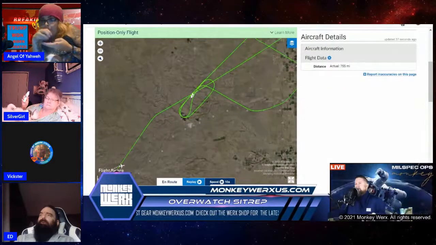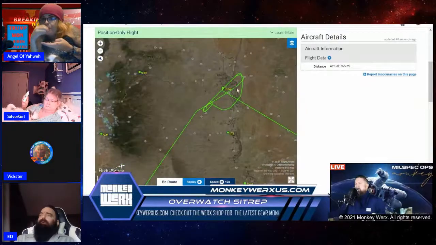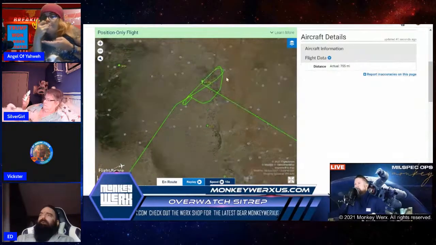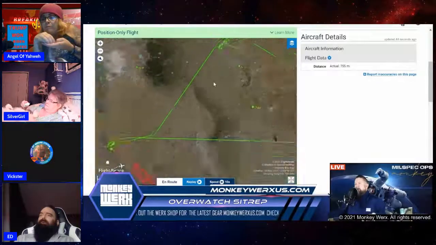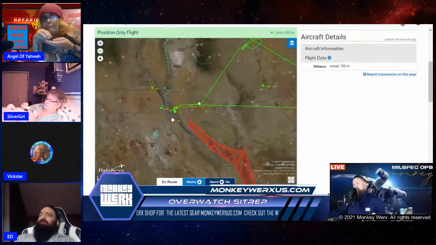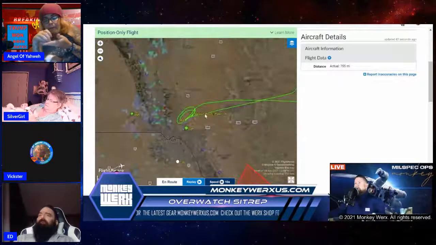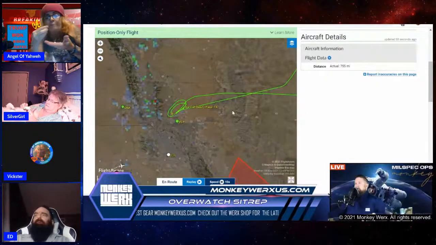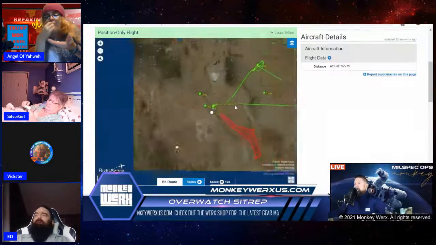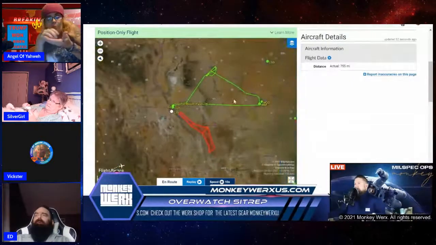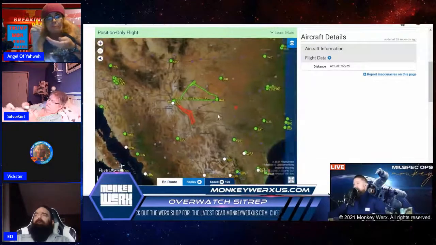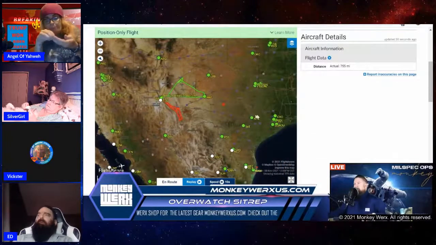Typically you'd see a little pattern like that for landing, taking off, touch and goes, but maybe not. It looks like he's out gathering some data around El Paso, which is good given the fact that we've got a sea of poppies in and out of that location, as well as tens of thousands of immigrants coming into that location.